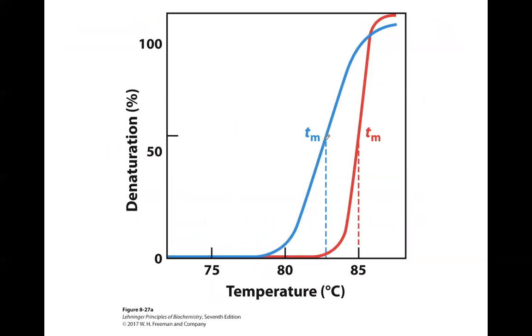Melting temperature is the temperature at which 50% of denaturation happens, right? So there's a blue, there's a red. Which DNA fragment is more stable, or does not denature as easily? Blue or red?